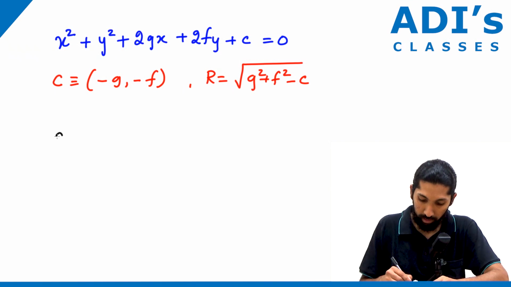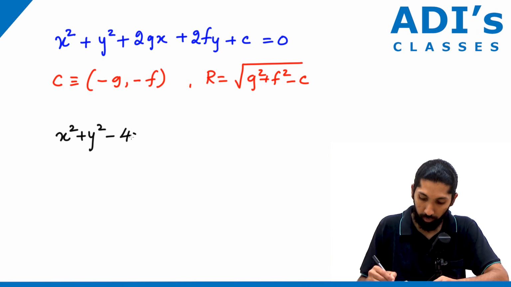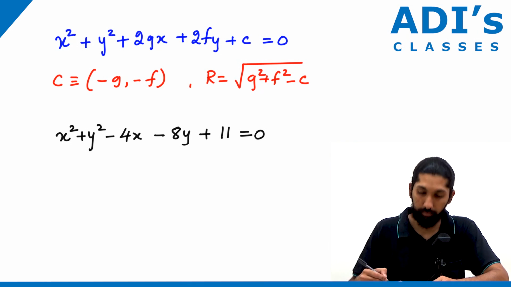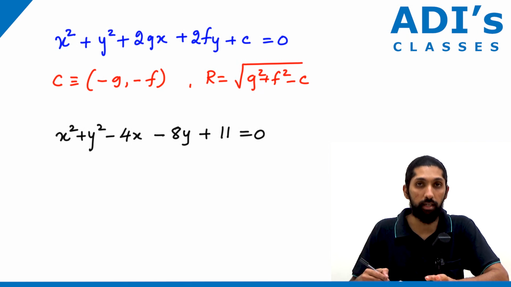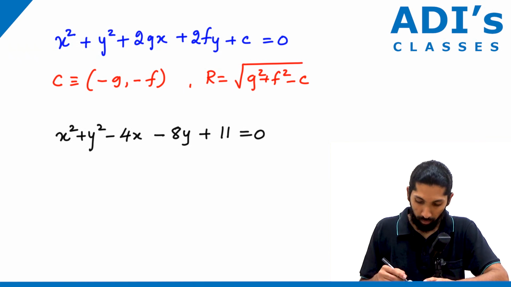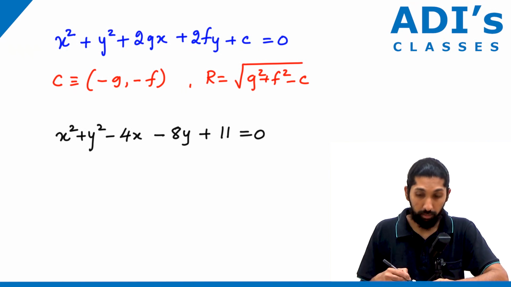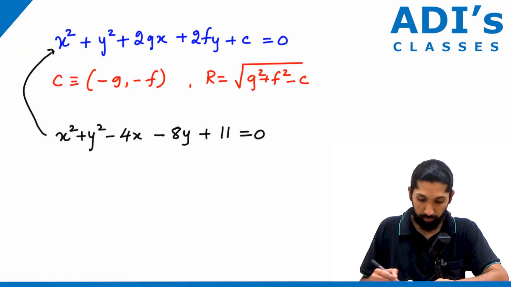Suppose you have the equation x square plus y square minus 4x minus 8y plus 11 is equal to 0. Now I'll ask you what the center and the radius are. For this, very simple: compare this particular equation with the general equation.